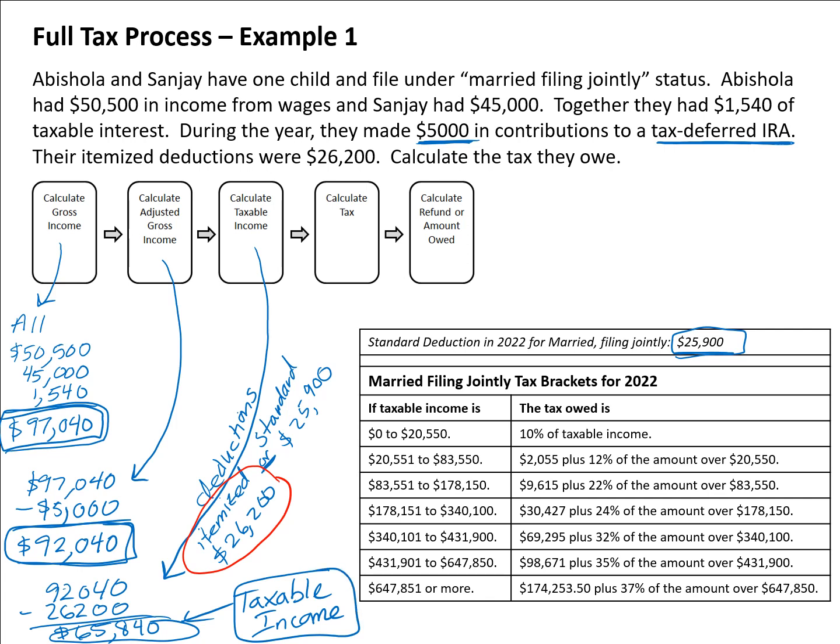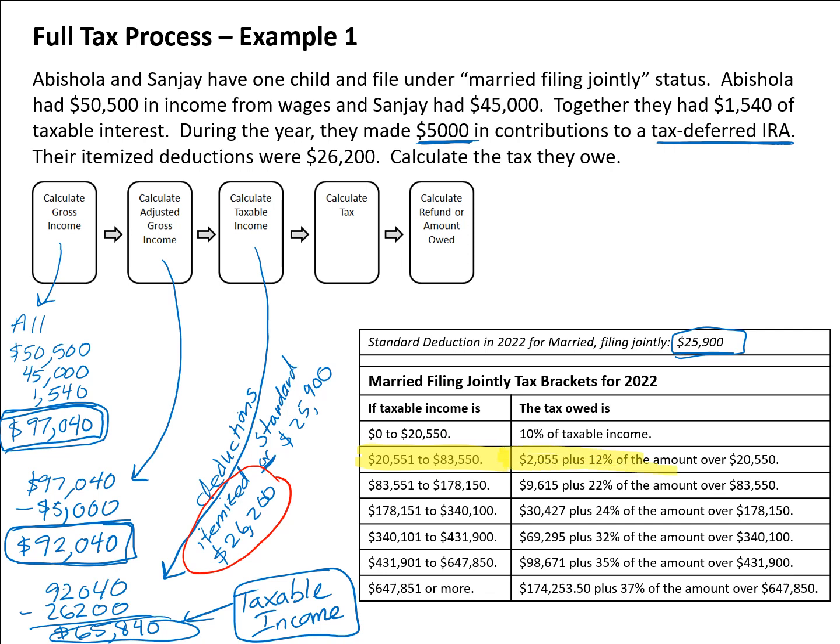Now, we use their taxable income in the table to calculate their tax. So now we go to the table. Look for $65,000. Where would that be? Well, it looks like it's in the second tax bracket because $65,800 is between $20,551 and $83,550.